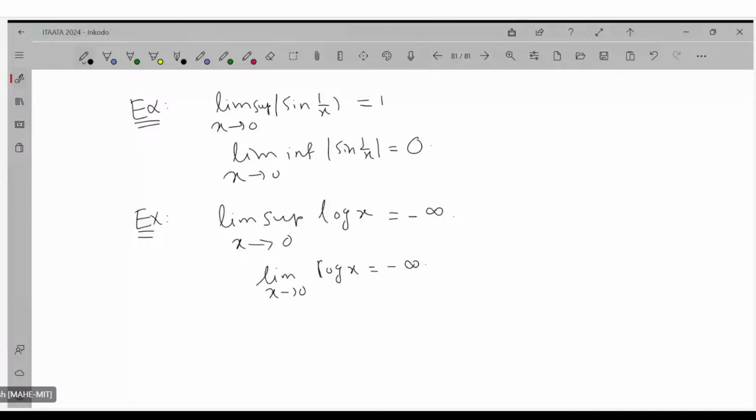Okay. There are many sequences, but we already got the highest value 1, because the sine function cannot take a value more than 1.